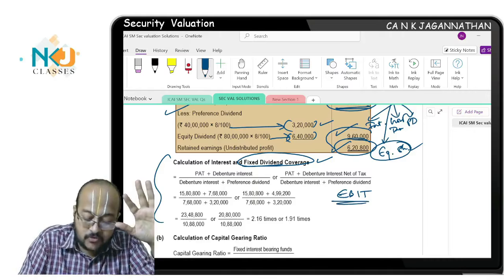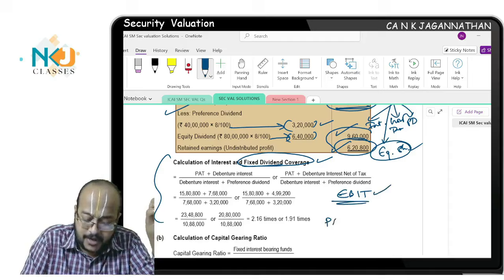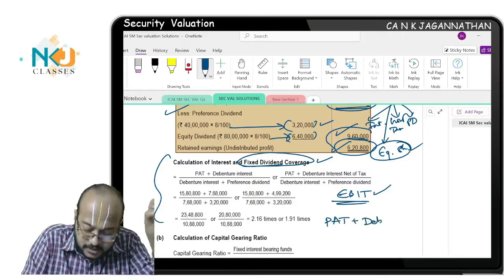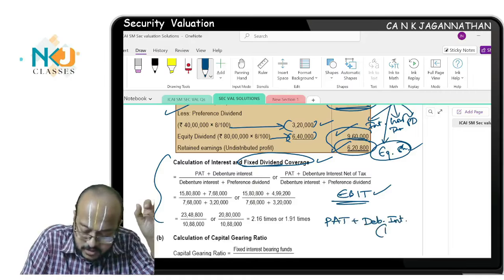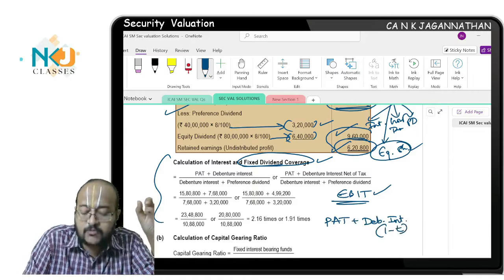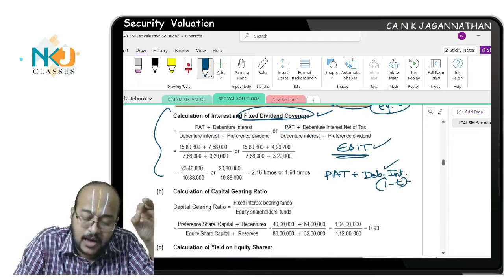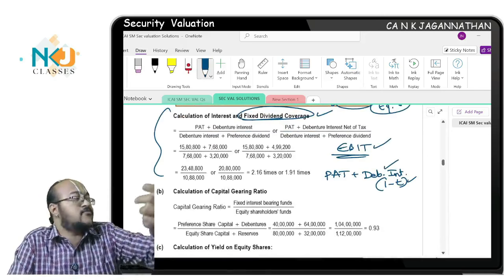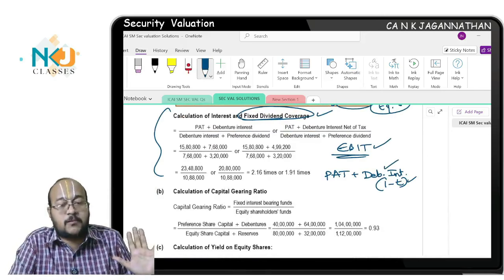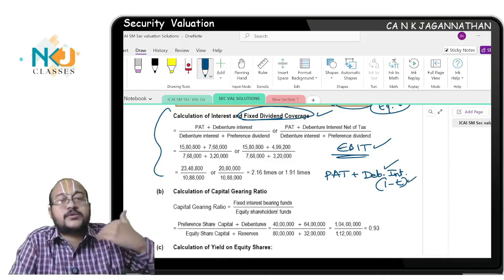If you don't require the tax portion, very simple: PAT belongs to all these persons, plus you add the debenture interest after tax, debenture interest into 1 minus T. From PAT, if you add the debenture interest and remove the tax benefit arising from the interest, you essentially remove the tax portion.